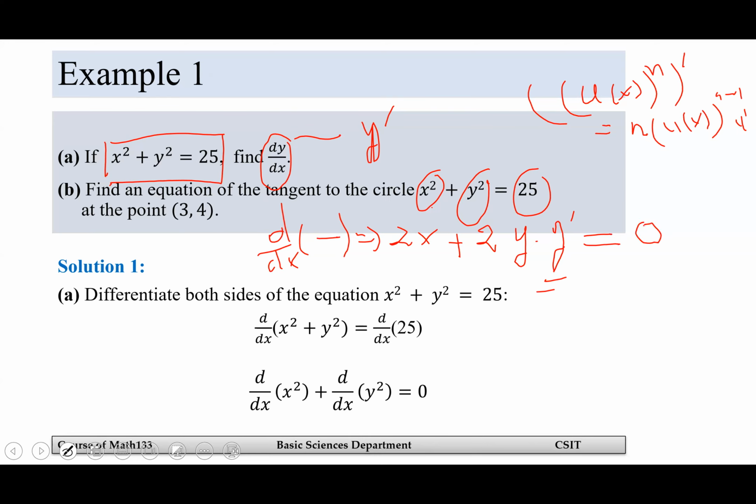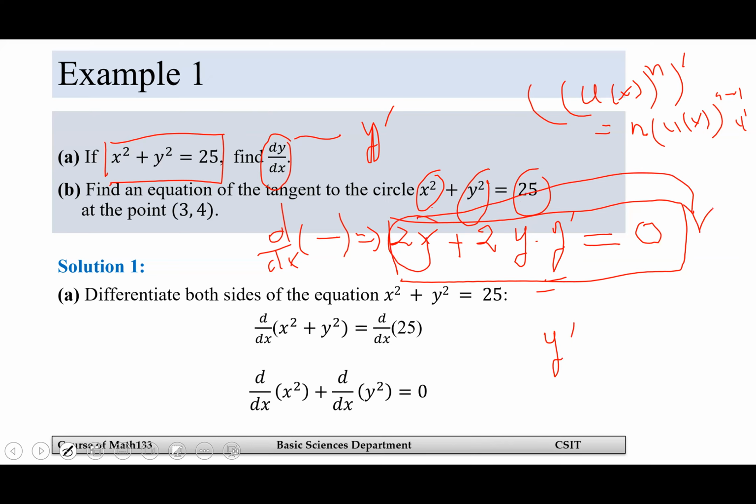From this new equation, which contains y prime, I can find y prime, and it's actually easy. You just move the 2x to the other side because it does not contain y prime, and you will have 2y y prime equal to minus 2x. Then divide by the coefficient of y prime.